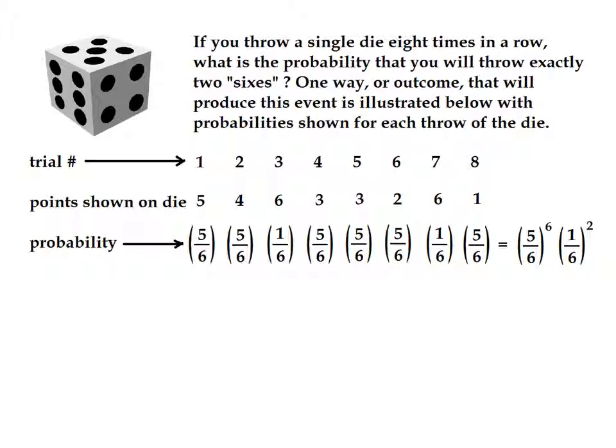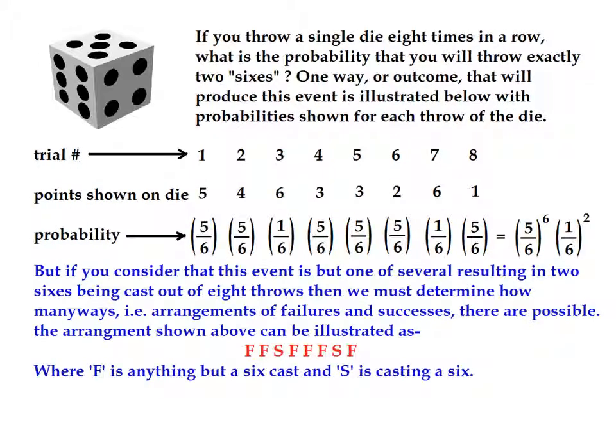Because these events are independent, you can multiply the separate probabilities together and end up getting 5/6 to the 6th power times 1/6 squared for the probability of the event occurring in just this manner. Okay, now the arrangement of successes and failures is the next aspect of our final probability that we're looking for.